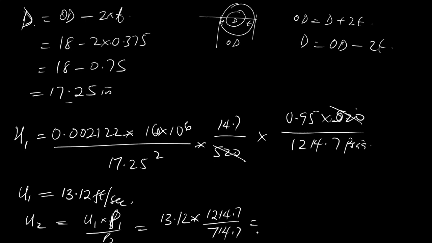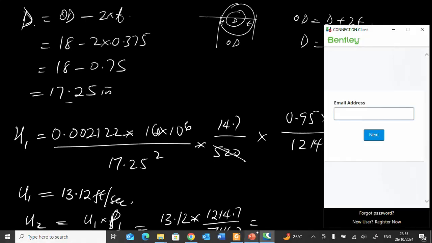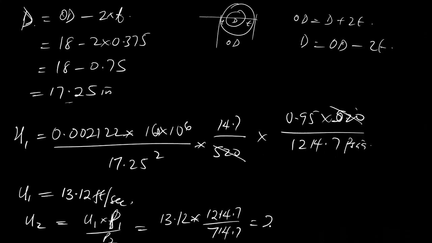So it will give us 22.29 feet per second. So this is the velocity at the outlet, and this is the velocity at inlet, and this is the velocity at outlet.